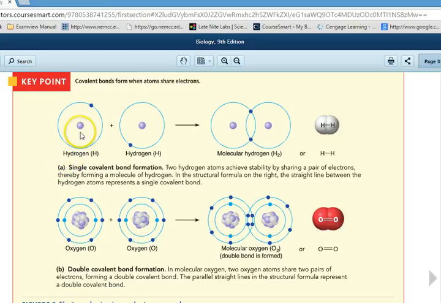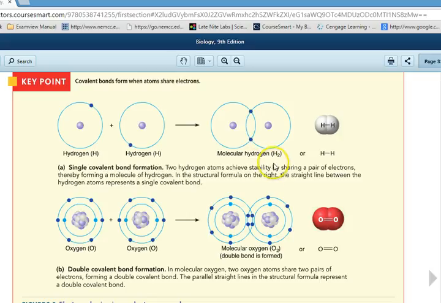Notice here's a hydrogen atom. Here's our 1 proton and 1 electron. That does not have a filled outer shell. So if the other atom that we have is another hydrogen, it has the same structure, only 1 electron in its outer shell, doesn't have a filled outer shell. These 2 atoms will move in close enough together that their outer shells overlap, and those electrons are in the outer shell of both atoms at the same time.